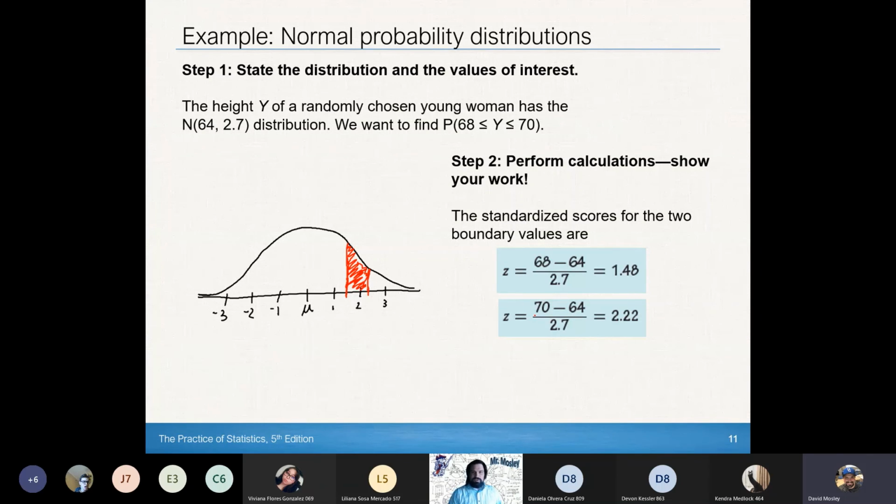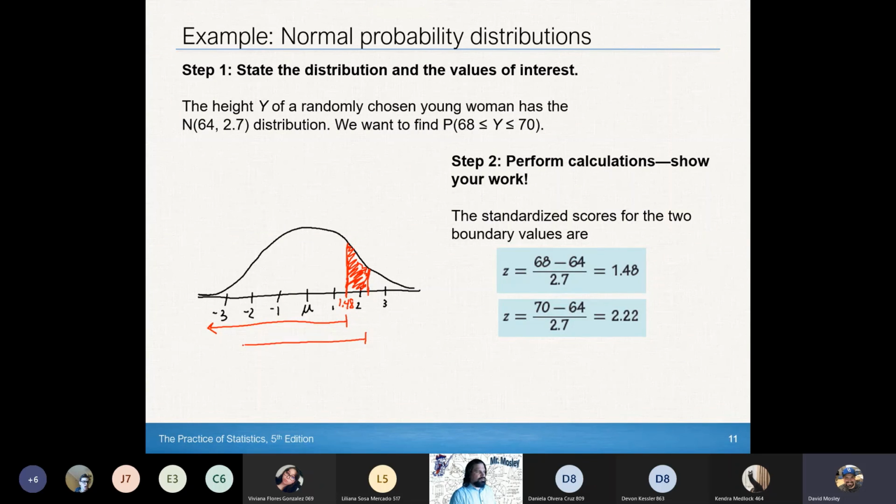Remember, when we look up these values on table A, the proportion it gives us is the proportion to the left of that number, and all of it. So when we find 1.48, that's the proportion to the left of 1.48. That's all of this, and I don't need any of this probability.